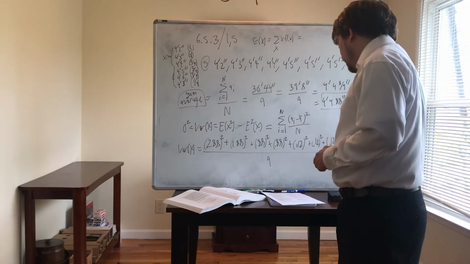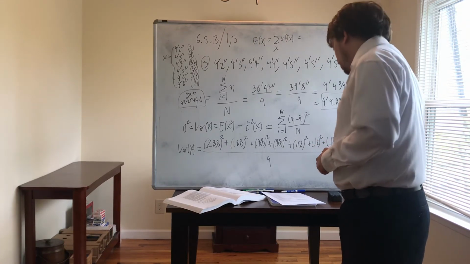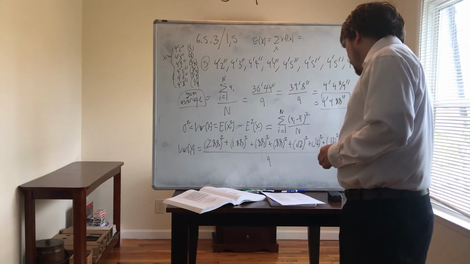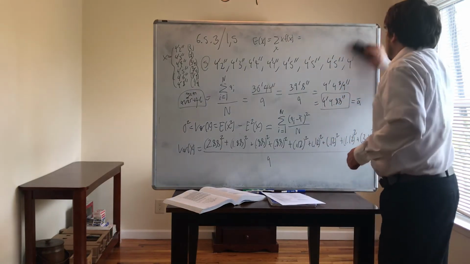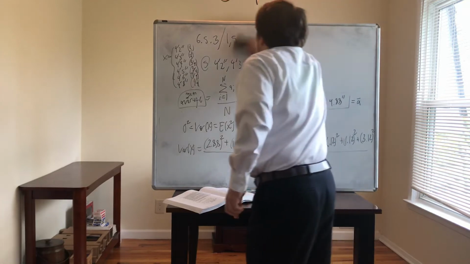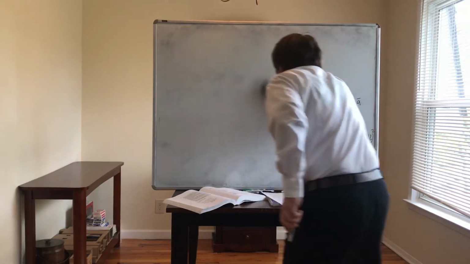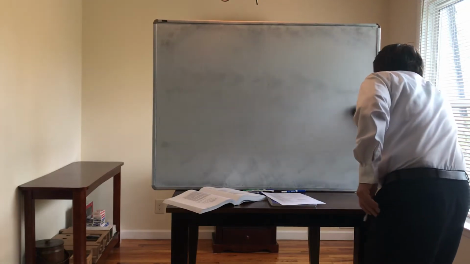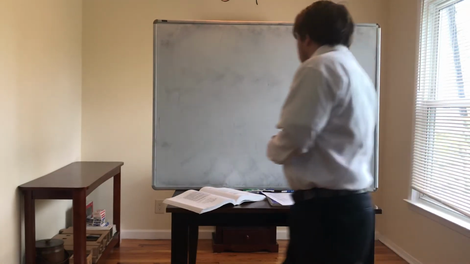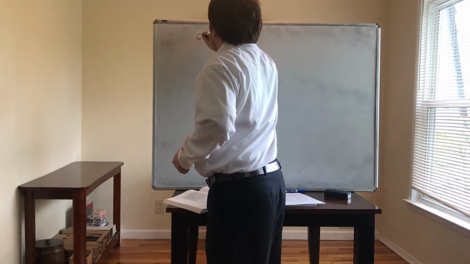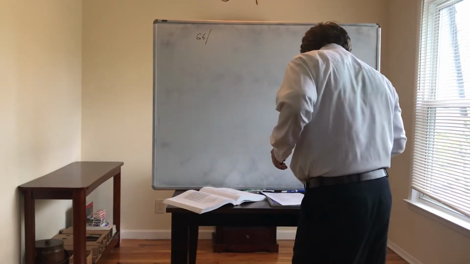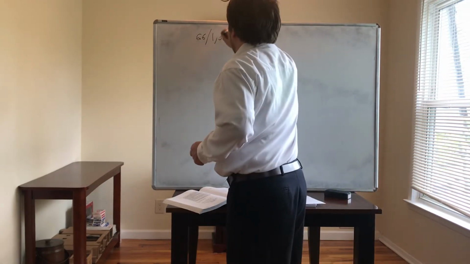So that'd be number 5 in 6.5.3. And so the next one is 6.6, and it's numbers 1 and 3.